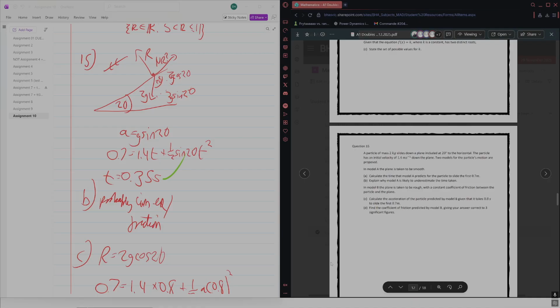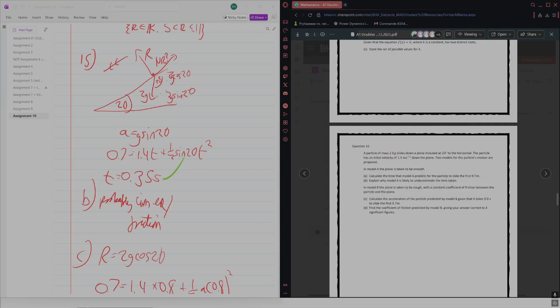Next question, we have the last question here, which is just some inclined plane stuff. So we're going to resolve the forces. I put mu_r question mark because half the time it's smooth, half the time it's rough. So for the smooth part, there's no mu_r, which means you can just resolve, and you can get this value here.